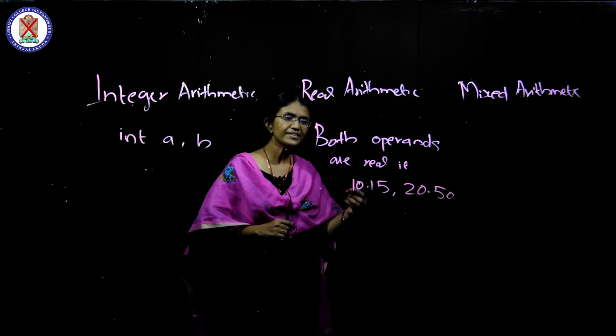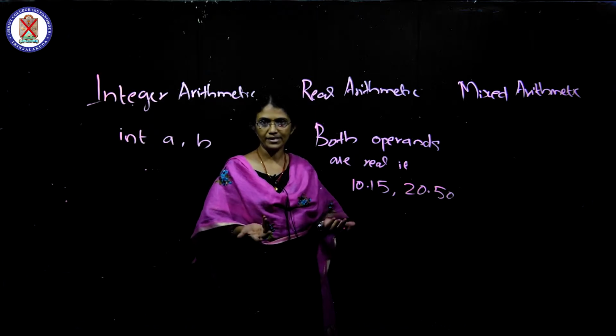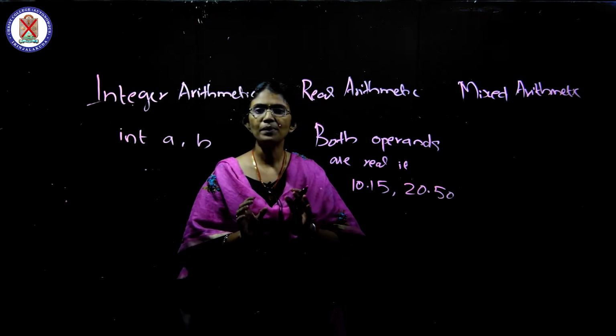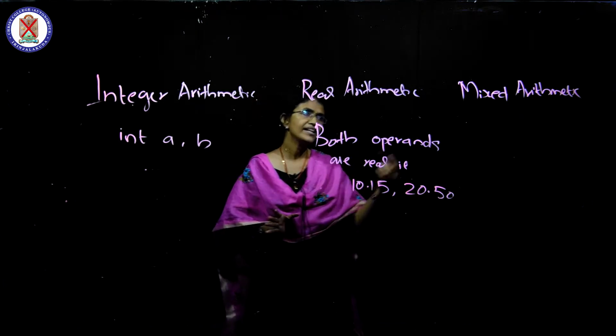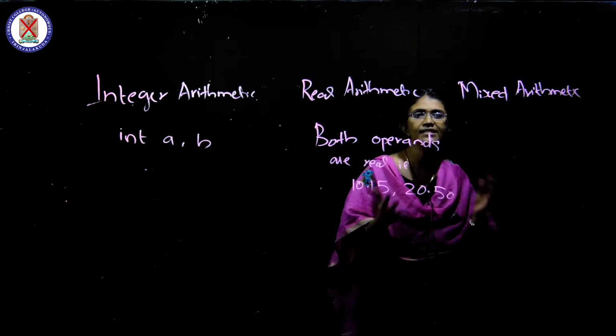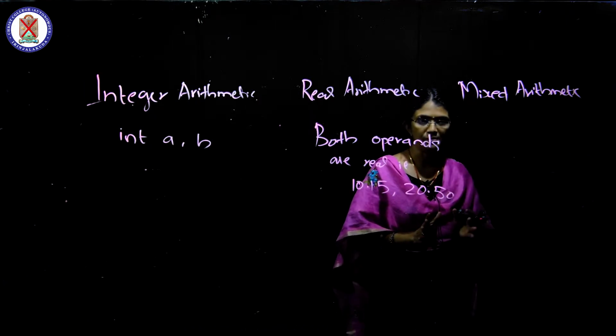Then it can be said that it is a real arithmetic expression. But note that no modulus operation is done in real arithmetic. Next is mixed arithmetic. If one of the operands is real and the other is integer, then it is known as mixed arithmetic.